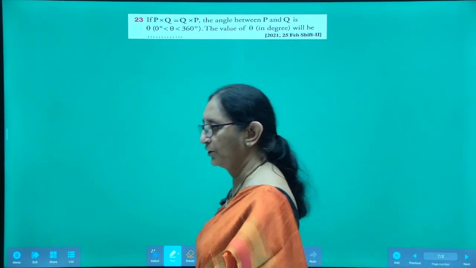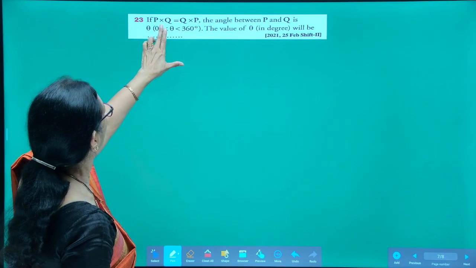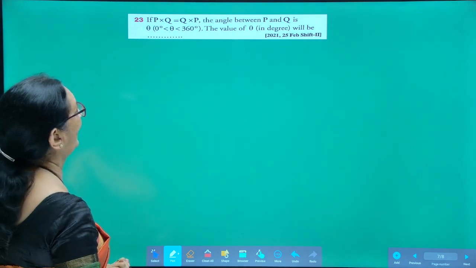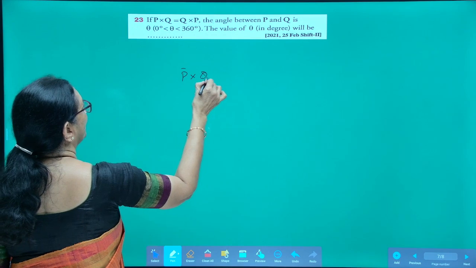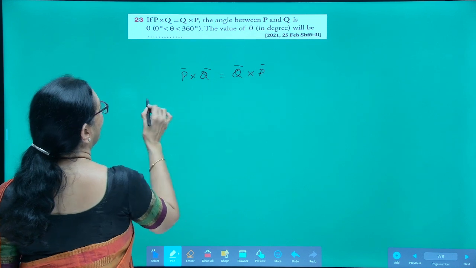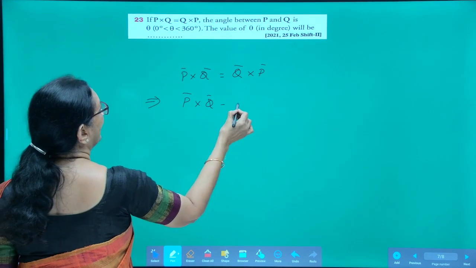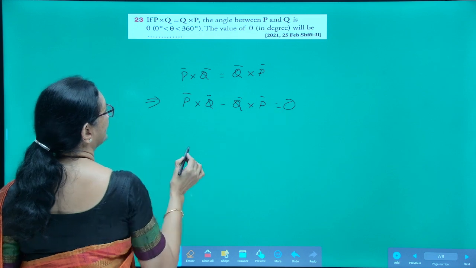Let us go to question number 23. P cross Q is Q cross P, angle between P and Q. See here, P bar cross Q bar is equal to Q bar cross P bar, implies P bar cross Q bar minus Q bar cross P bar is equal to 0.